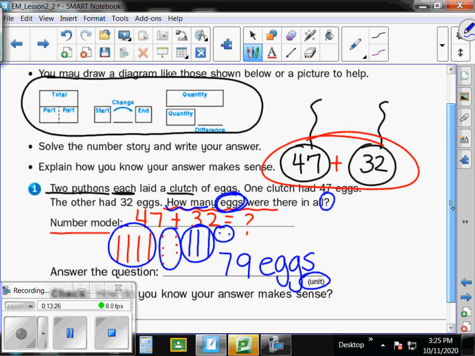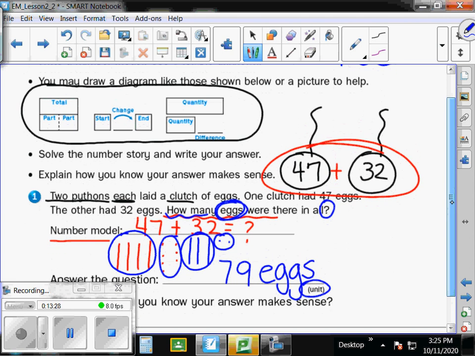Okay. Now, if I were putting this into one of these situation diagrams, which one of these diagrams do you think would really work for this problem? You can pause the video if you want and give yourself a chance to think about it. I think this problem is perfect for the part total, because there were 2 different parts, right?